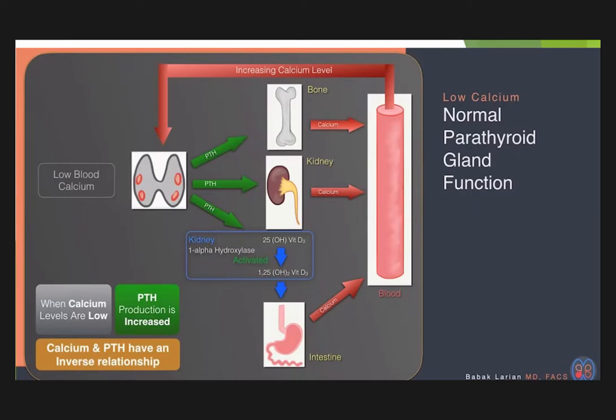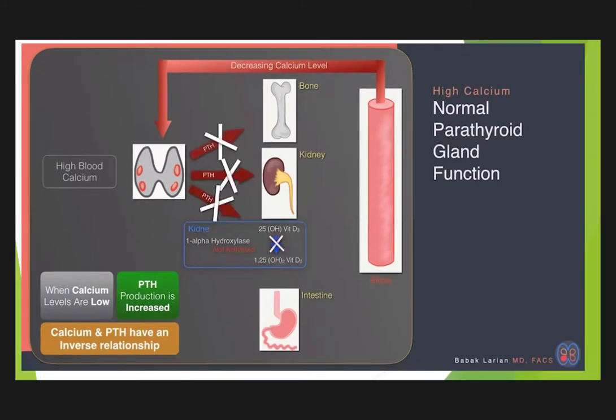Low blood calcium stimulates production of PTH, and it activates 3 tissues: bone, kidney, and intestine. Calcium is released to blood. Look, arrow back, negative feedback effect. The parathyroid gland understands that calcium in blood becomes normal and decreases the PTH level.